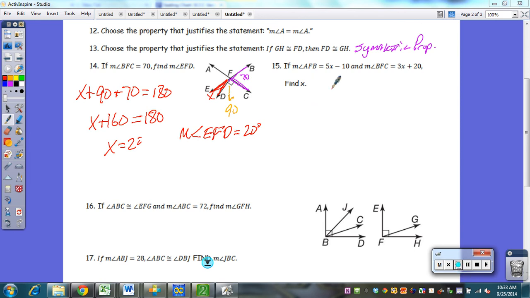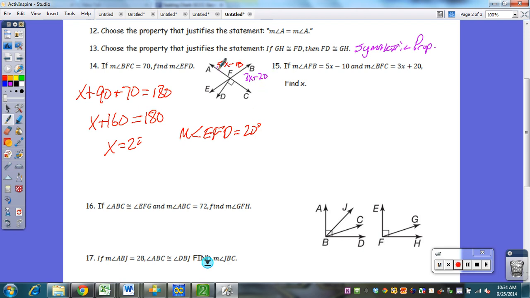Okay, so the measure of angle AFB, again, going back to this drawing right here, we're going to erase this for a second. So here we're being told that AFB equals 5x minus 10, and BFC equals 3x plus 20.